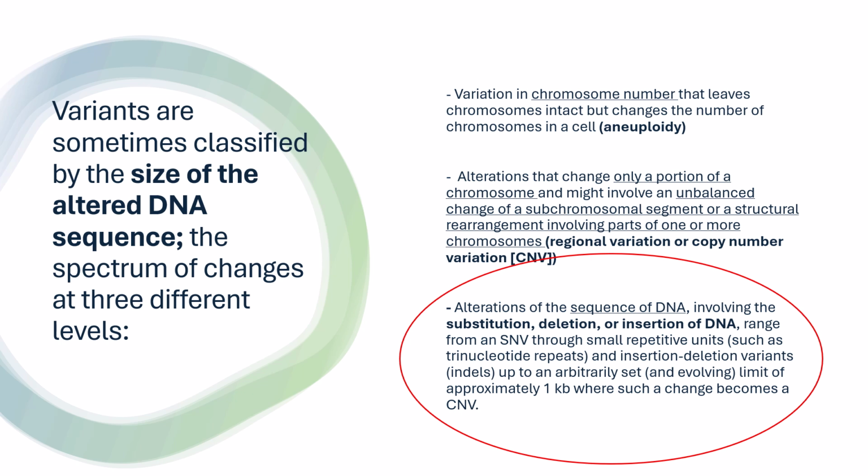We refer to these as regional variation or copy number variation, CNVs. Or the alteration can happen in the sequence of DNA, and that will include, for example, substitution, deletion, or insertion of either a single unit or triplets of nucleotides, and we will discuss these details.